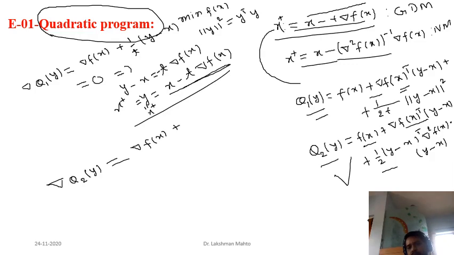In place of P, we observe the Hessian, that means nabla squared f(x), one way of representing the Hessian. So directly in the second term, we will observe the Hessian of the function at point x times y minus x.